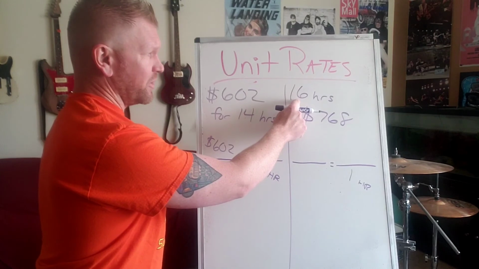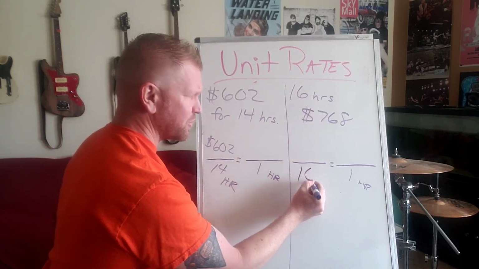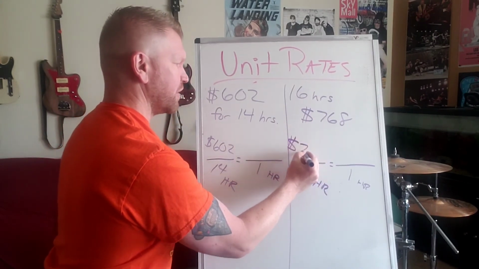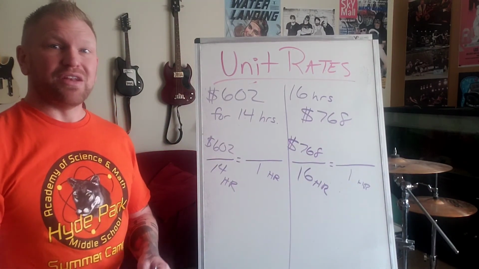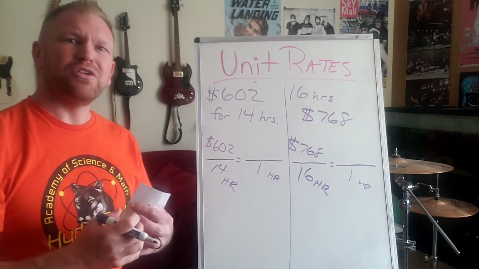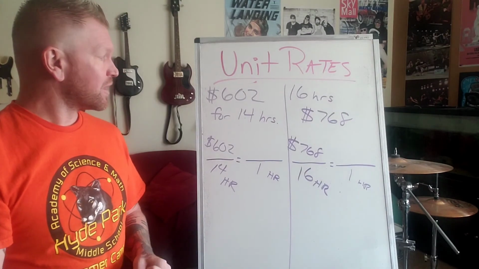Even though the 16 comes first, it doesn't make sense to put the hours in the top. So even though that number's first, it makes more sense to put in the denominator. It makes more sense to put the dollars in the numerator. See, they're not always going to give you the information in order. You have to take in the information and process. Which one do I want to get per whatever, like per hour? That's the one that goes in the bottom.